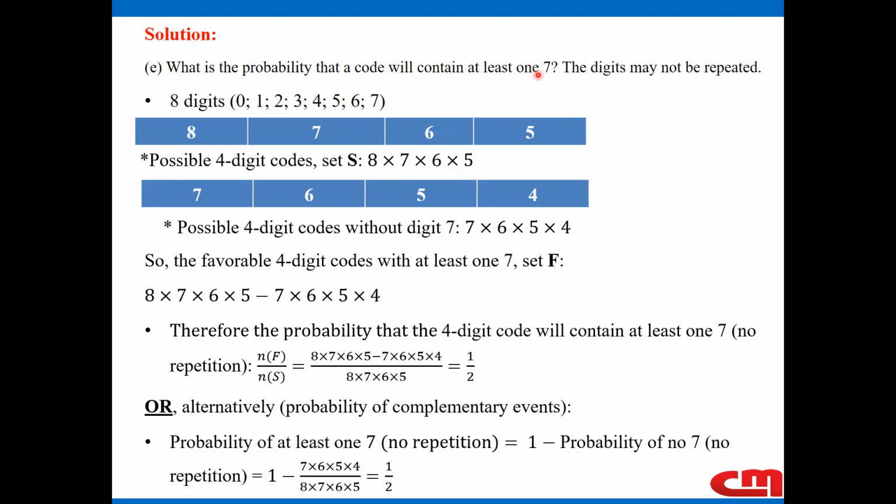Because at least one means the code should have a 7 there, or more than one 7. So trying to come up with the possible outcomes including the 7, then removing it, then subtracting, to find the at least one 7 is very important.